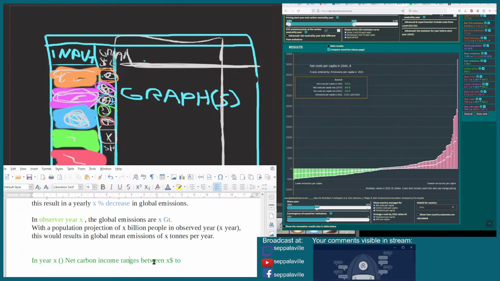It's kind of hard to know how to refer to it when some get a net benefit and the others get net costs.